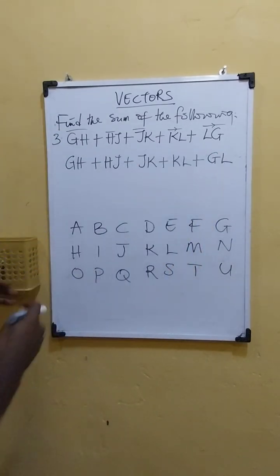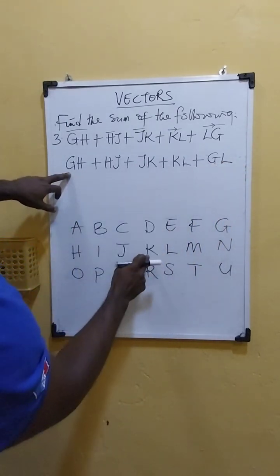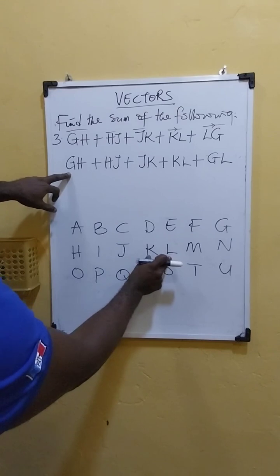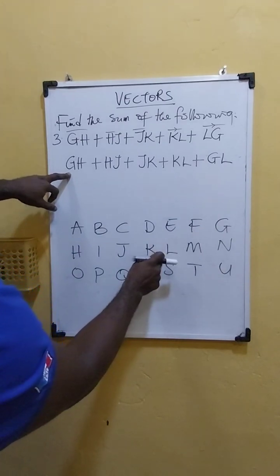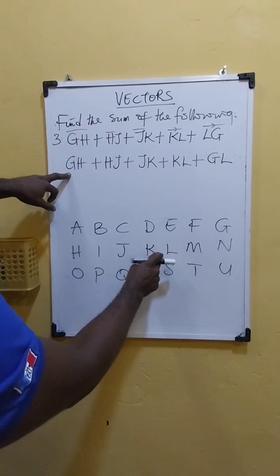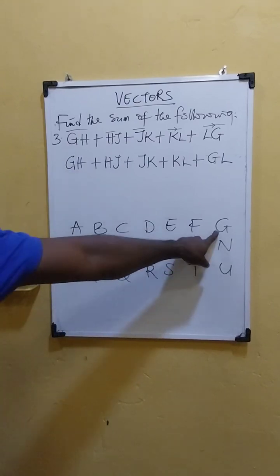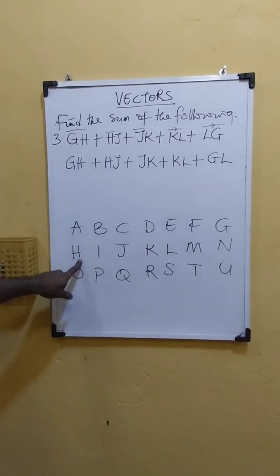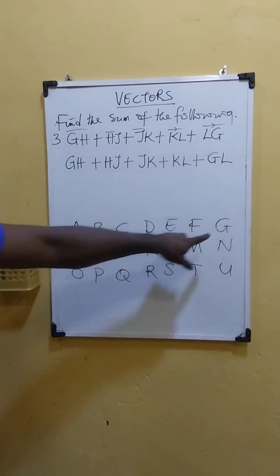So you have rearranged, but there's still another work you need to do here. Does KL come before GL? No. GL actually comes before KL. Let us look at it very carefully and see how we can rearrange it. After GH, what should come next is GL, because this is the letter that comes first.